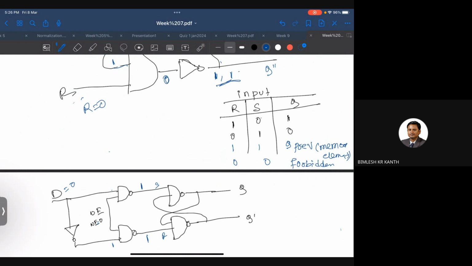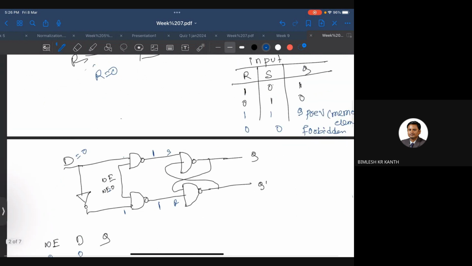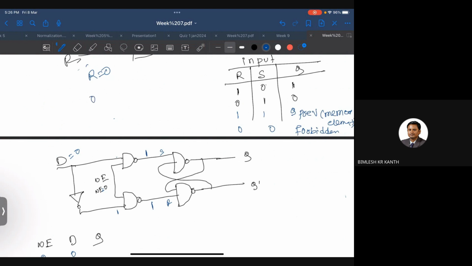Past means, suppose now input is 0, and okay, we'll understand with the help of a timing diagram. That will be good.